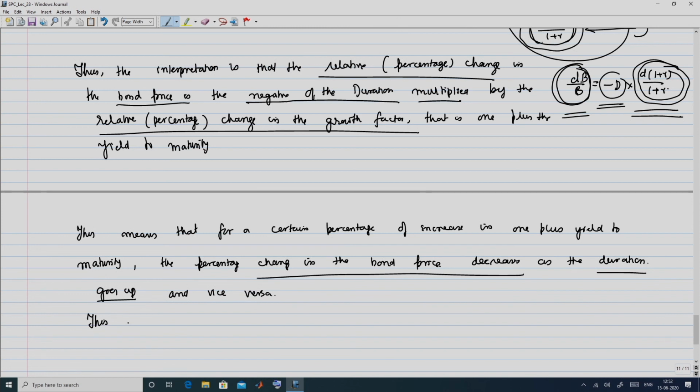So, further this in turn means that a bond with low duration is desirable from the point of view of the bond purchaser.